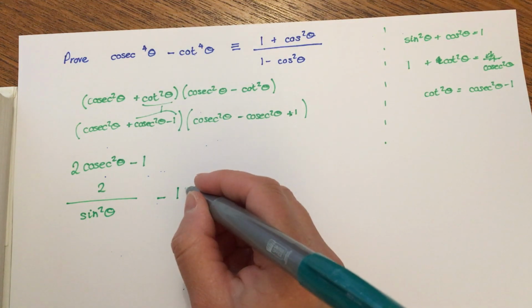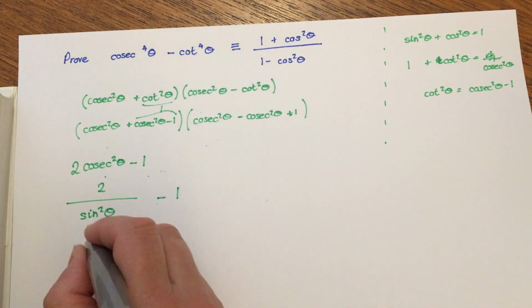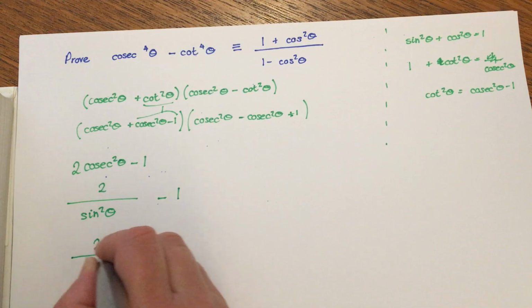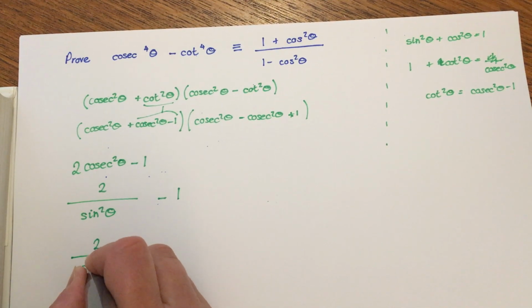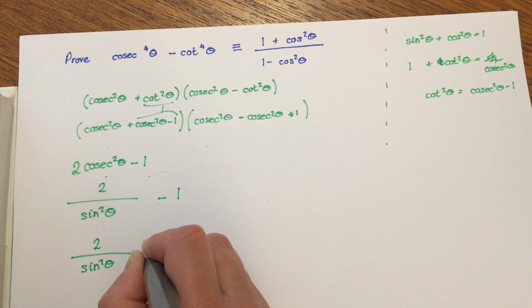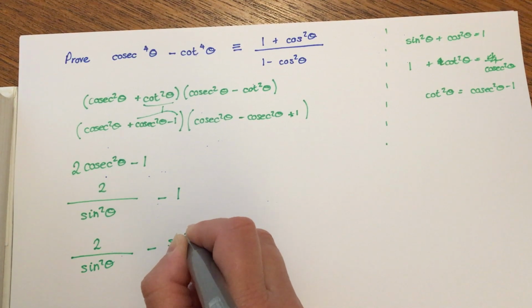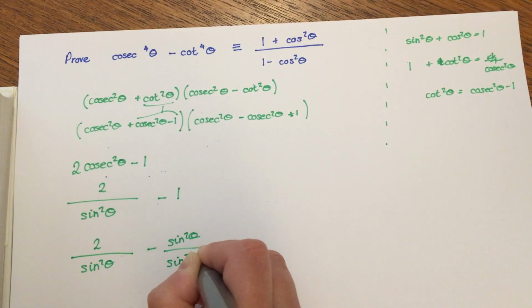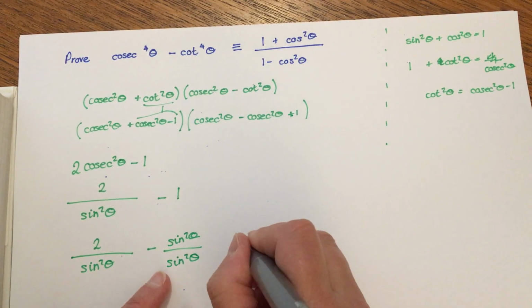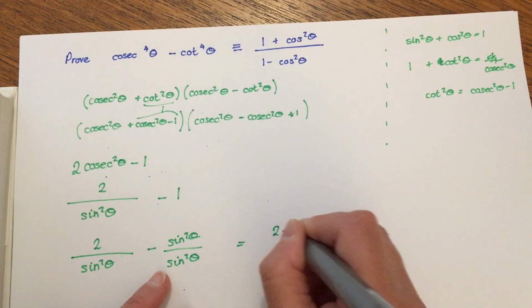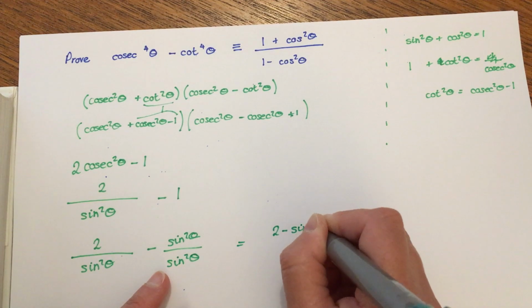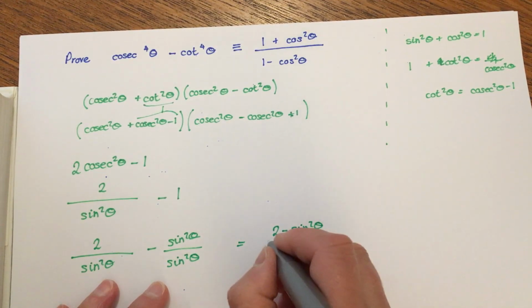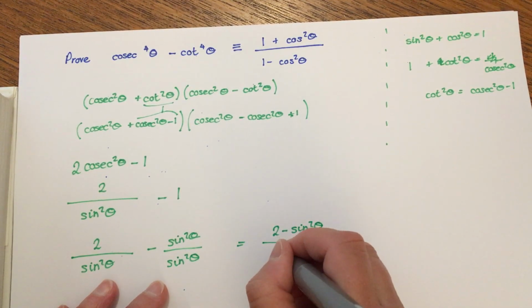If I times this by sine squared over sine squared, I've got 2 minus sine squared theta over sine squared theta. So on the top, I've got 2 minus sine squared theta, and on the bottom I've got sine squared theta.